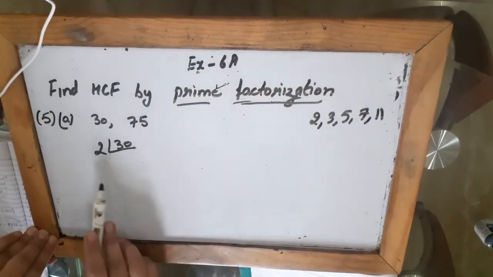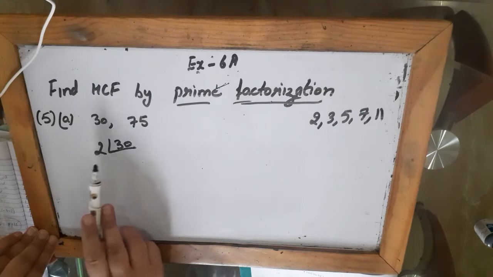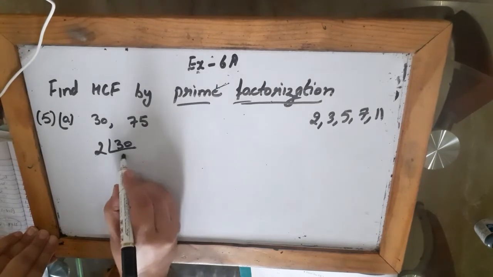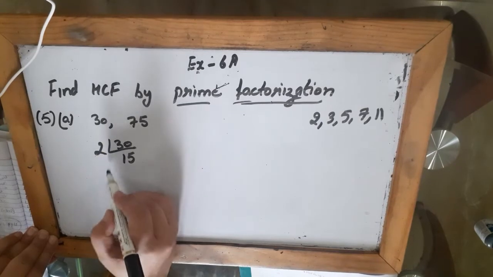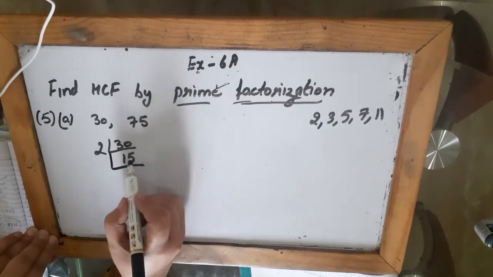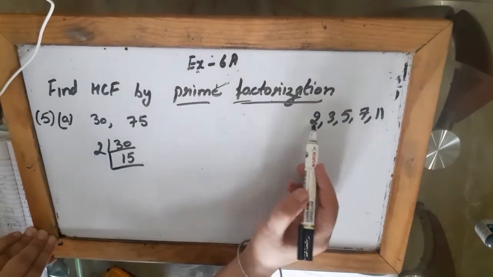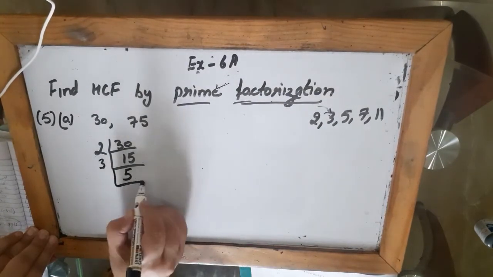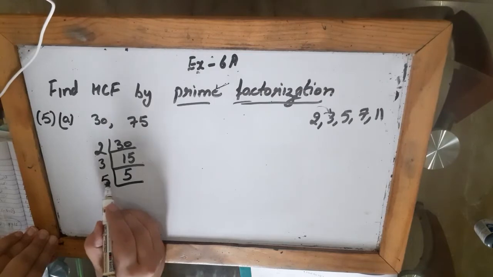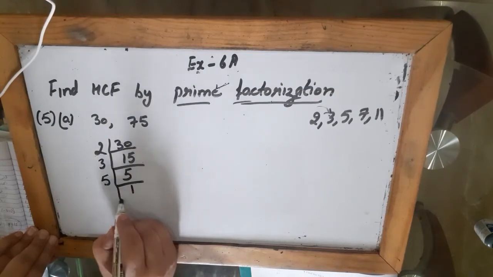So I start from the smallest prime number 2. I know 2 15s are 30, so divide 30 by 2. Now 15 will not be divisible by 2, so move to the next prime number, which is 3. So 3 5s is 15, and 5 itself is a prime number divisible by itself, so 5 1s are 5.